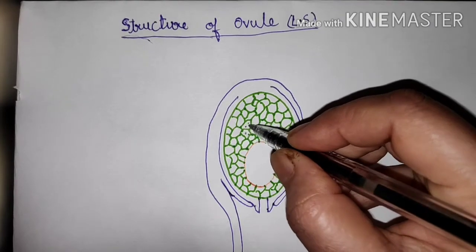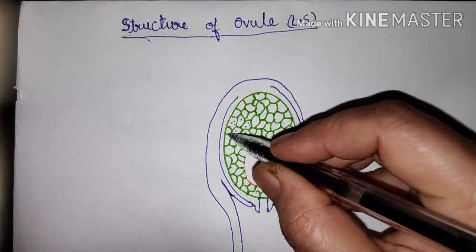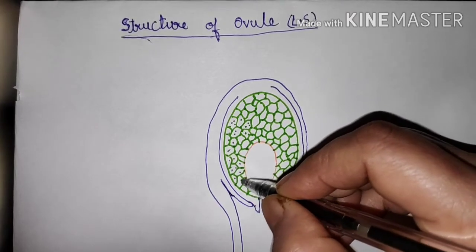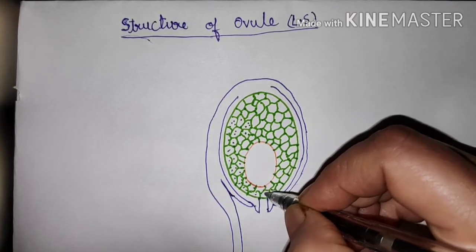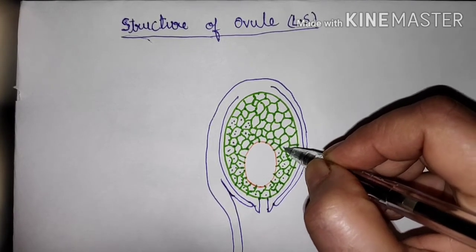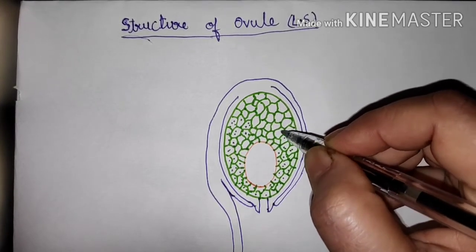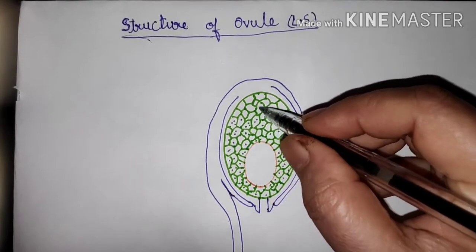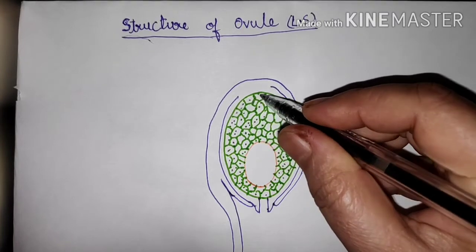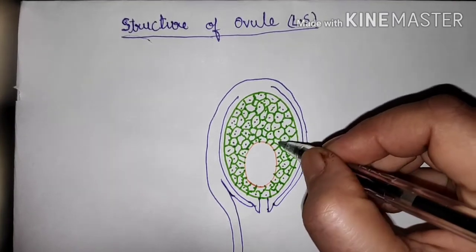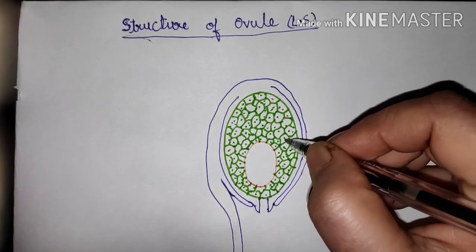After making this parenchymatous tissue, okay, you just have to dot them to show that they are the cells which have dense cytoplasm and they are nutritive in function. So this is the nucellus, right?